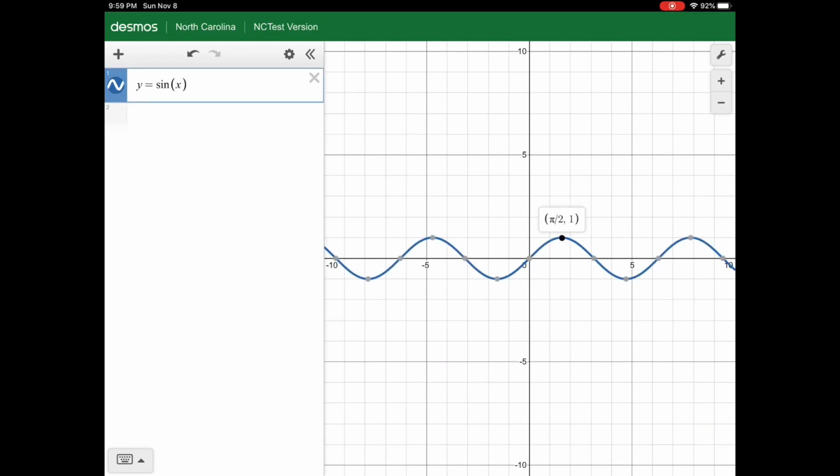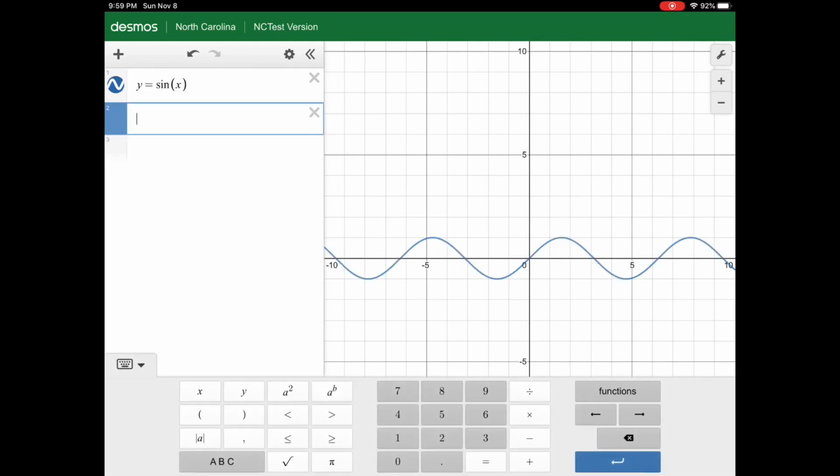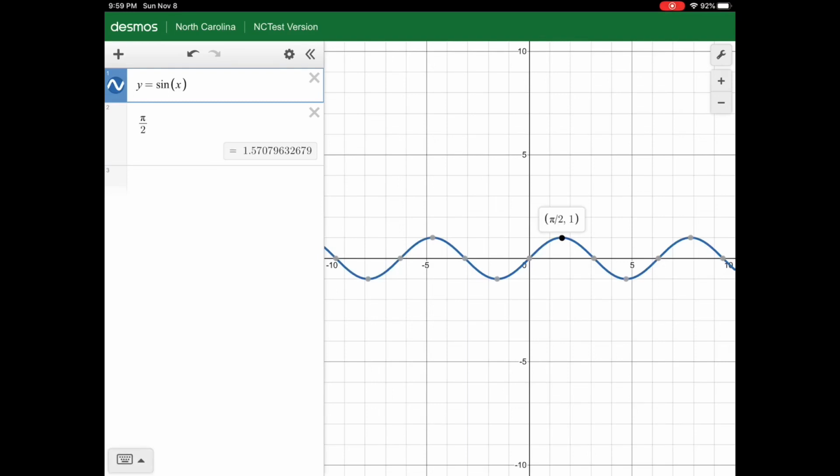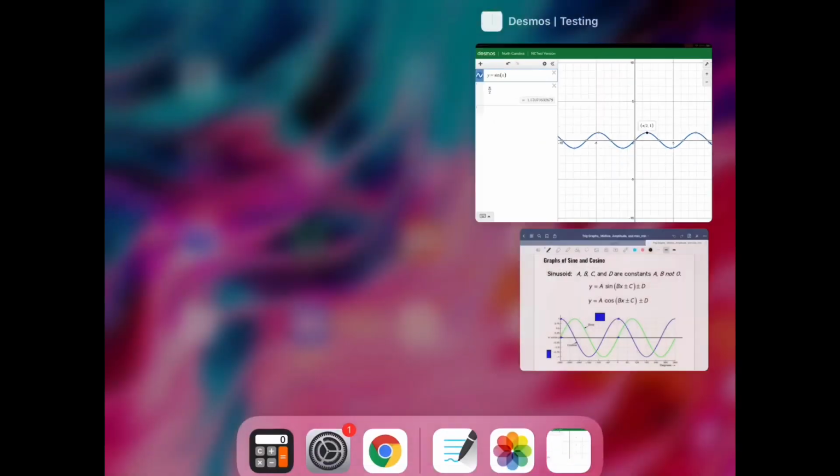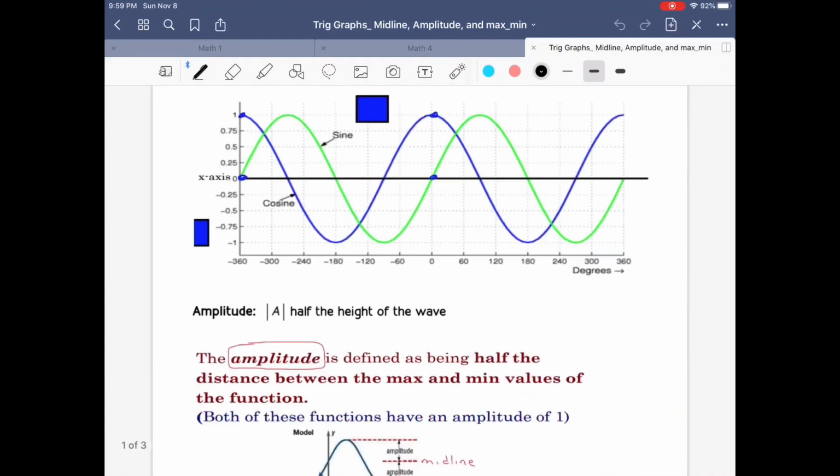However, if you're looking at radians, you're going to have to know what pi divided by 2 is. You're going to have to actually divide out pi divided by 2 to get, oh, well, this right here is going to be 1.57, my actual x value. So just keep that in mind. There's different ways of looking at it. So we're going to come back to that in a minute.